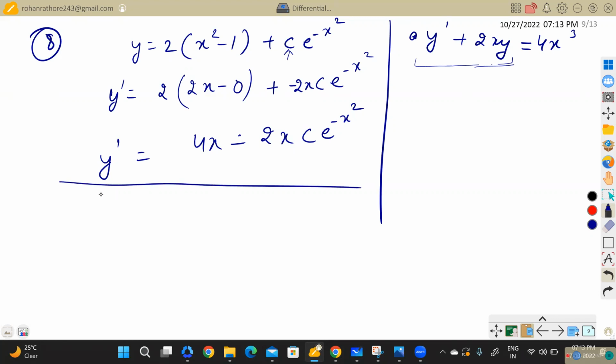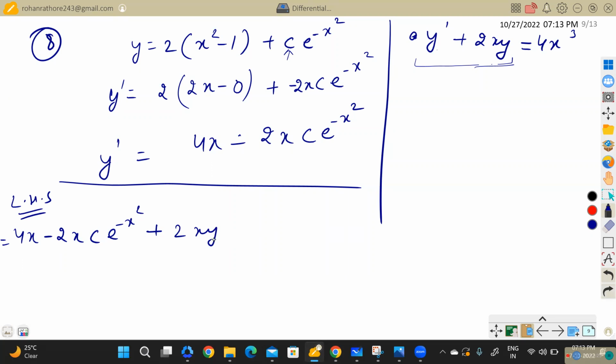So putting the values, we get y dash is 4x minus 2x c e raised to the power minus x square. This is y dash, plus 2xy. So we are going to substitute the value of y also, because you can see there is no other y here. So we have to substitute the value of y to solve it further.